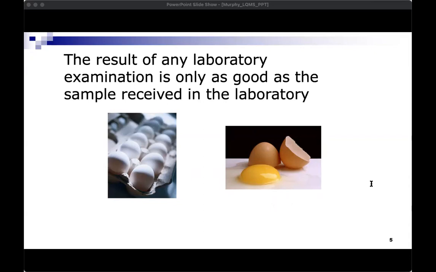You can't take a broken egg and make it whole again, right? Like you can't have a broken eggshell and turn it into a whole and complete egg. In the same regard, you can't take a specimen that was improperly collected or labeled and expect it to perform at the same quality as a properly collected sample.